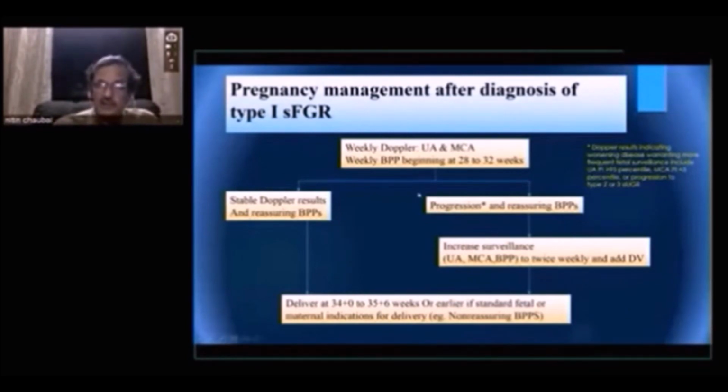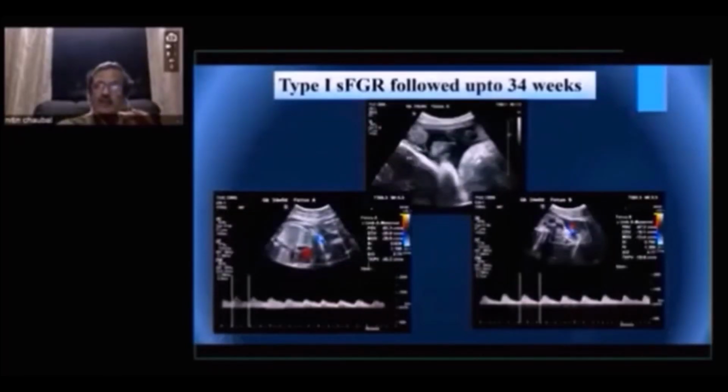But if there is a progression, that means the Doppler indices are showing more increased resistance, or the MCA is showing abnormality, then we need to increase our surveillance to twice a week, add ductus venosus, and again try and deliver them at an appropriate gestational age. Guys, this is an example of type 1 sFGR, where there is a diastolic flow, and as you can see, we have stretched them to 34 weeks of gestation, and we had to deliver them at 34 weeks, and they are doing very well.